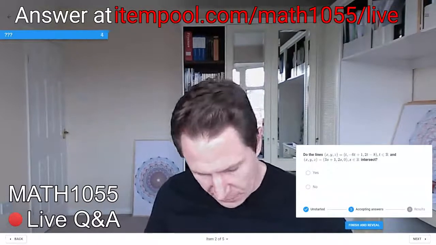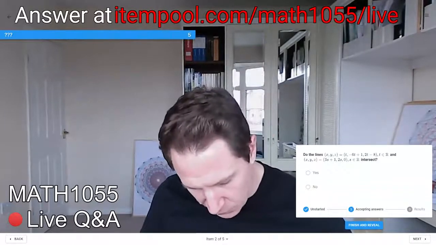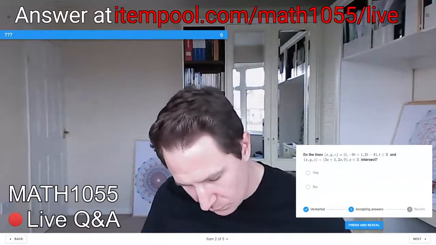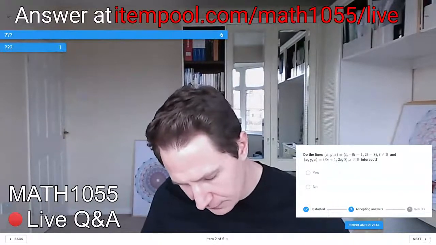You can always guess, but there is a way to, of course, decide for sure whether these two lines intersect. Okay, I'll give you only a minute or two because this one is easy to check, to decide.